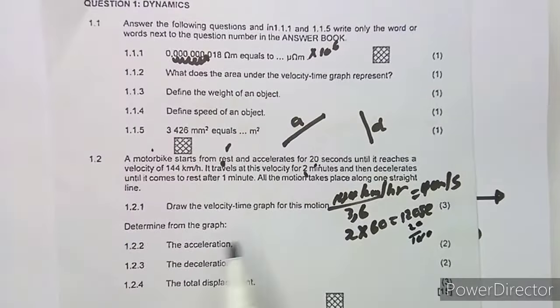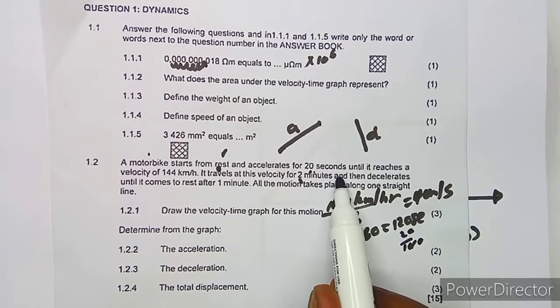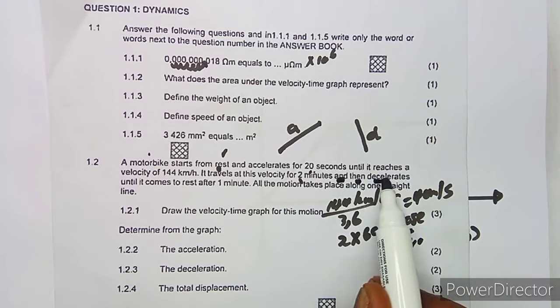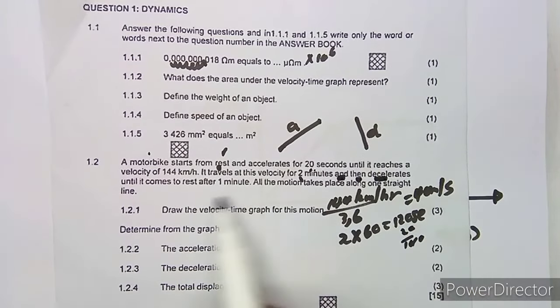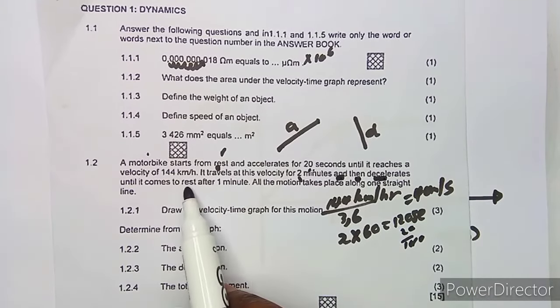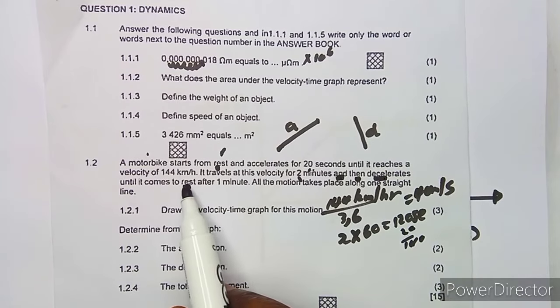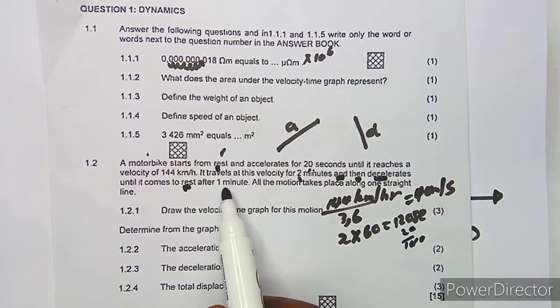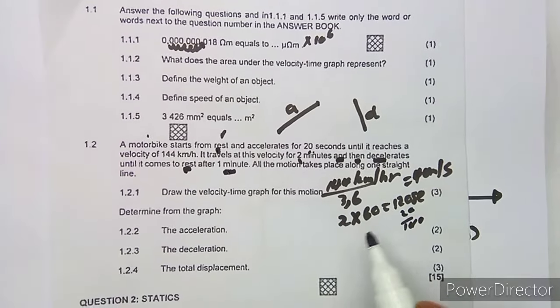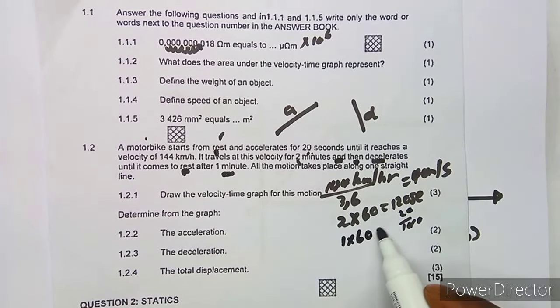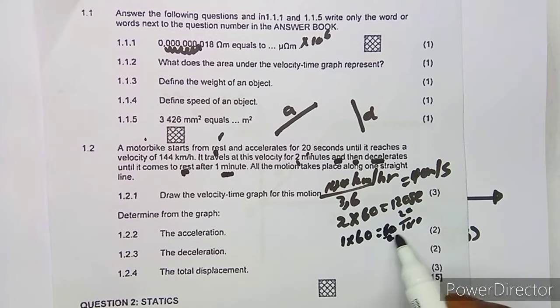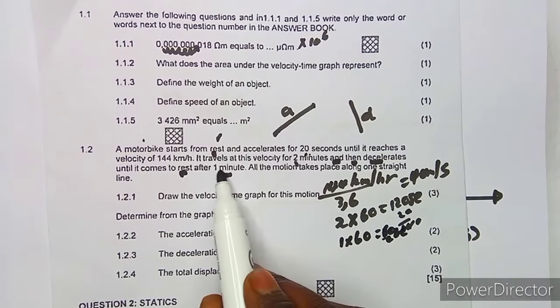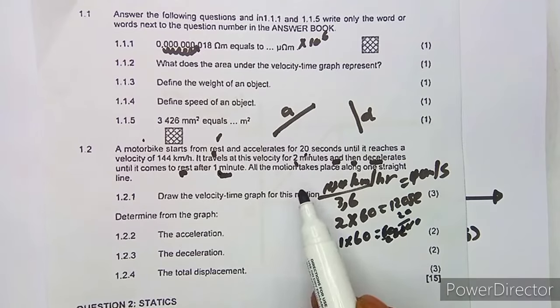All right. Then after that, it decelerates, which means we go this way, until it comes to rest, which means our final velocity is now 0, just like our initial velocity at rest. After 1 minute, which means we are given our time in minutes, which we are supposed to convert to seconds. Remember, 1 minute is 60 seconds.